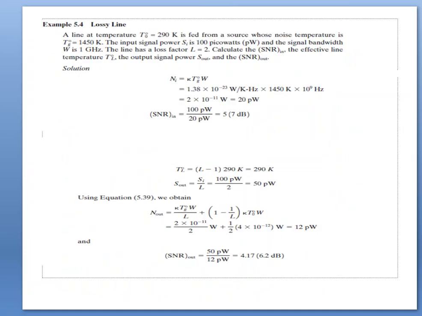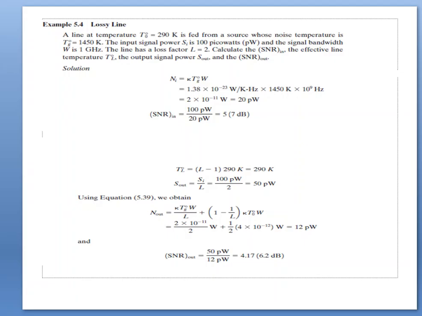Now let us consider three examples to calculate the figure of merit for different types of lines. First of all, we consider the lossy line. See the problem. A line at temperature T0 equal to 290 degrees Kelvin is fed from a source whose noise temperature is 1450 Kelvin.